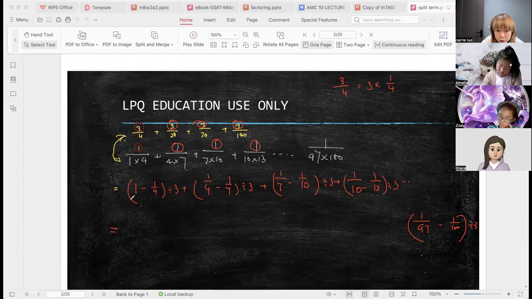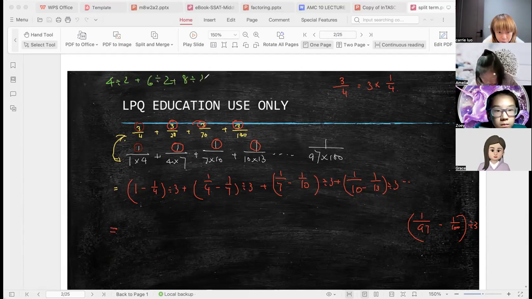Okay, so when you copy down, I want everybody to take a look at the screen again. Amelia, take a look at this one. If I have 4 divided by 2 plus 6 divided by 2 plus 8 divided by 2, do you understand? Can we put 4 plus 6 plus 8 together and divide by 2 outside? We learned it before, right?